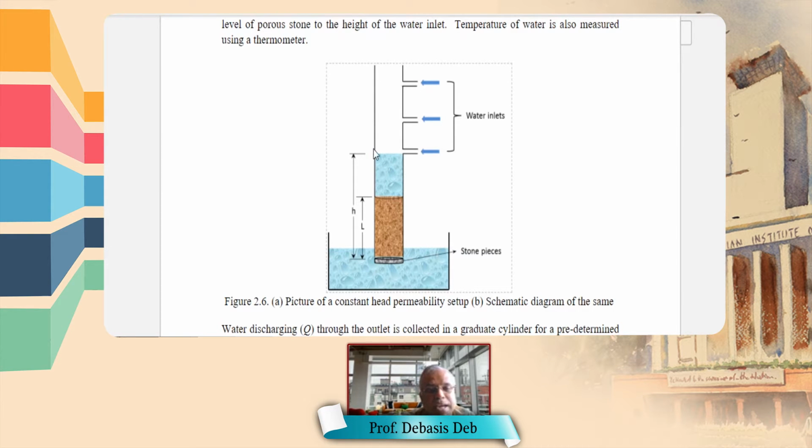this is a simple pipe of about 75 millimeter diameter. This is more or less standard 75 mm, and we make these 3 inlets, but we use only one at a time. Now let's say we are using the bottom one, so we know the height, and in the bottom we keep a stone piece holder, so it is fixed at the end, and then this sample, L, is the sample length.